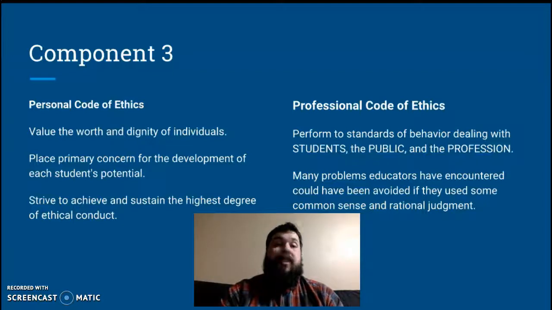When it comes to professional code of ethics, the first thing is to perform to the standards of behavior dealing with students, the public, and the profession live by. You have to understand that in this profession, you have a higher level of ethics than many others.